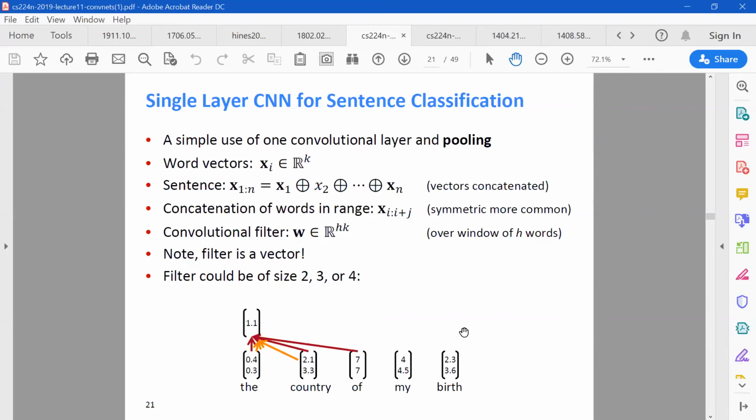Yes, that's right. You'd have to move the filter at least in multiples of k. But then it seems like it's the same as the previous one. You're just implementing it in a different way, so you would have an equivalent CNN. That's right. It's just a different way of thinking about it, but you're getting the same numbers out.